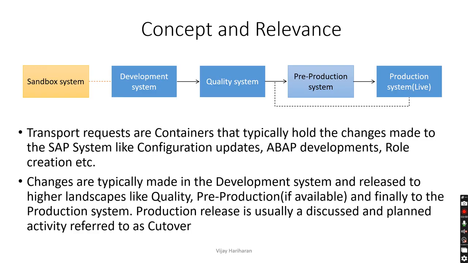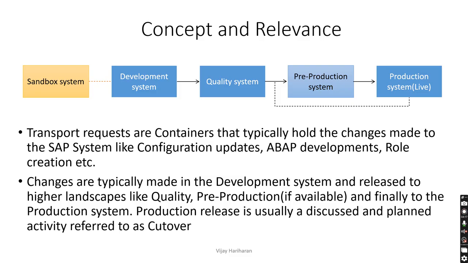But bigger organizations typically like to run a production kind of scenario in a pre-production system, so they also have a pre-production system. That is why you see a dotted line where you see that from quality there are also chances that you directly go into the production system.